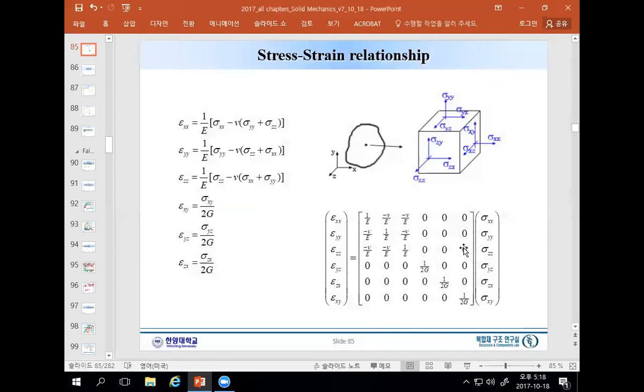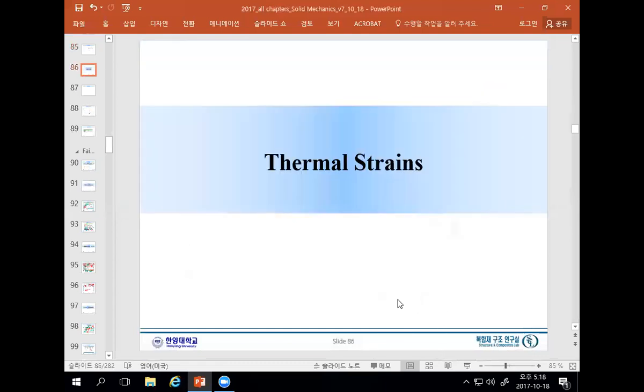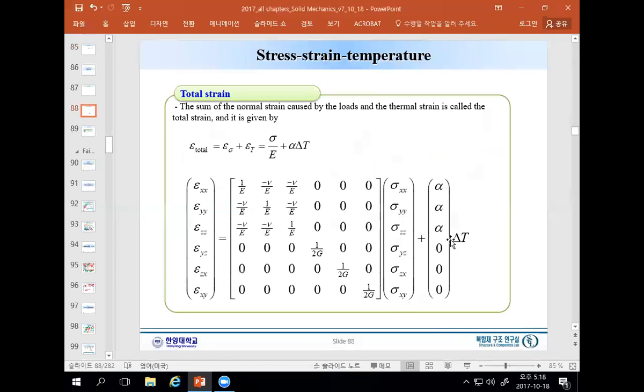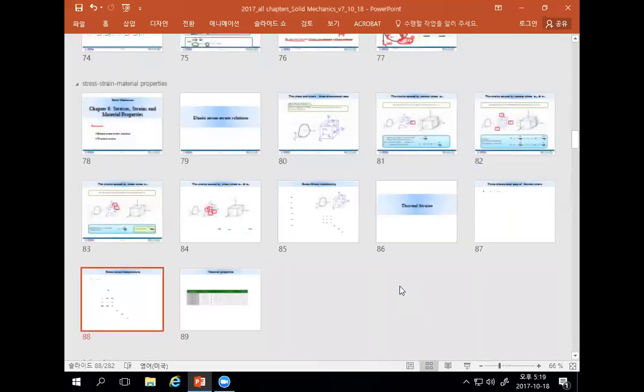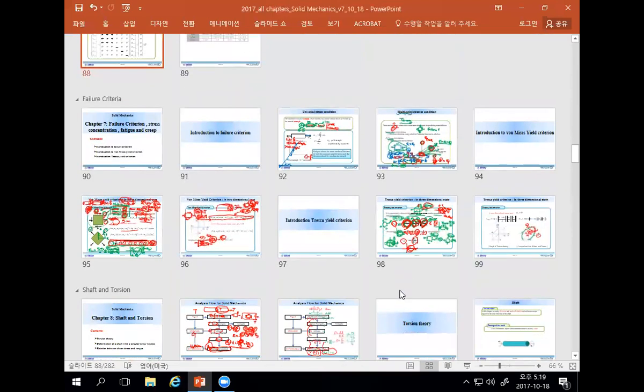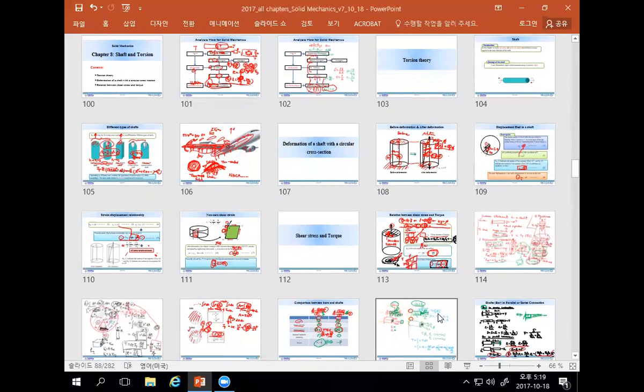All the stress and strain have 6 components, and this is the relation. If we have a thermal term, a temperature increase, this is the one we have to consider. Well, okay, that's all we want to say.